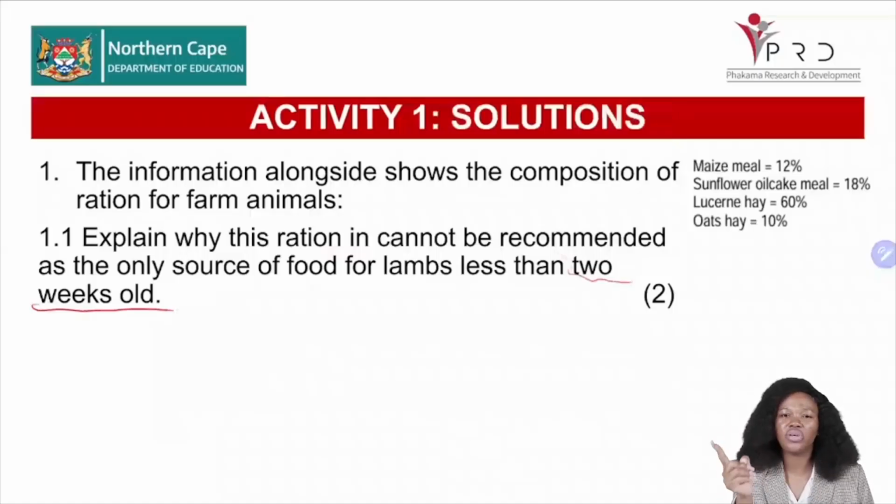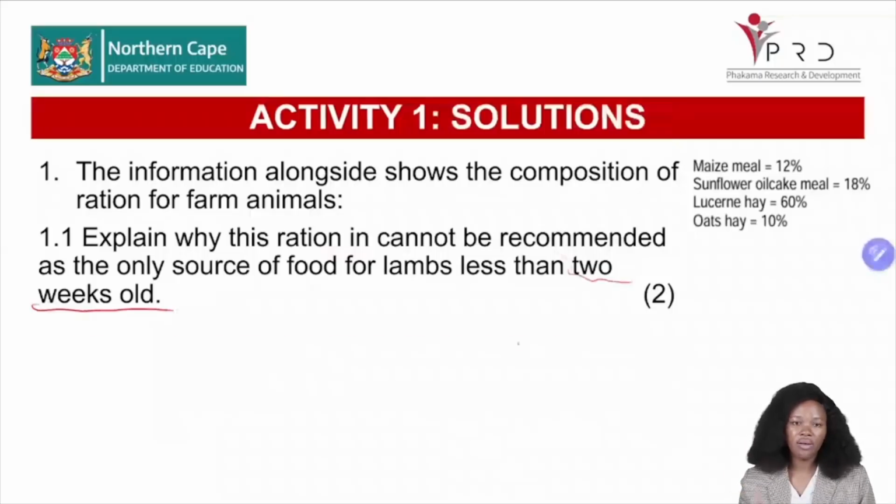But the rumen, reticulum, and omasum are underdeveloped. They are there, but they are not functioning. And again, the rumen hasn't started secreting the microorganisms that are responsible for digesting feed that is rich in fiber.